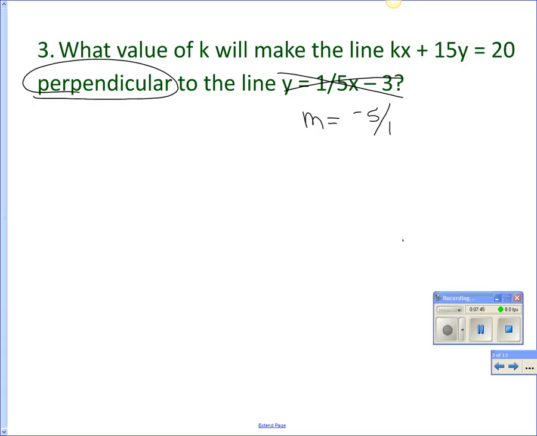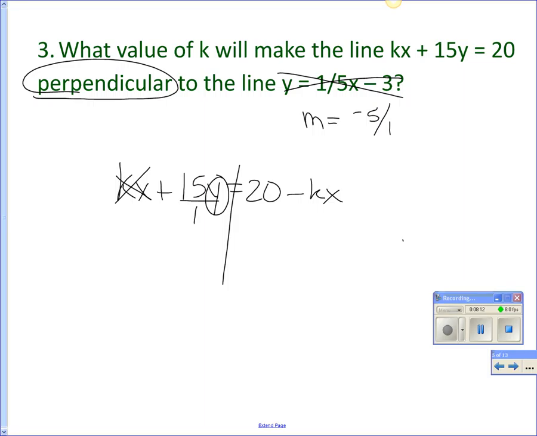All right, so here I have this crazy equation, kx plus 15y equals 20. Julius, what do I have to do with my crazy equation right here? Allison, help me from there. What do I do? Good. And then divide by 15.